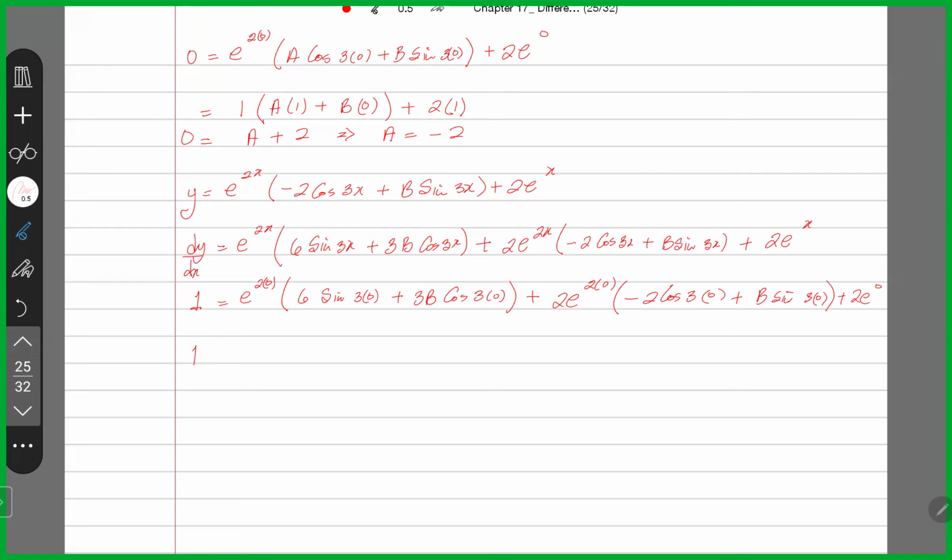So this is 1. The sine of 0 is 0. So it's 6 times 0 plus 3b. The cosine of 0 is 1 plus 2e to the 0, which is 1.